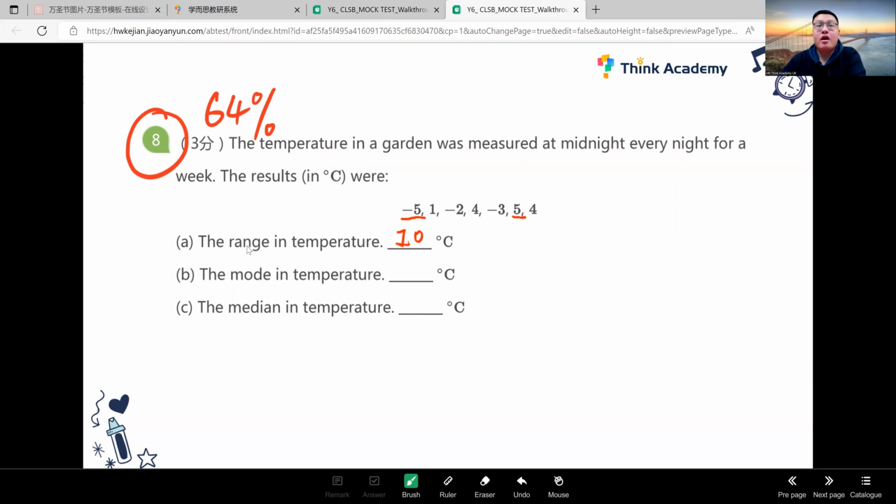Okay, so as for this -5, we have only one of that. And as for 1, you have only one of that. -2, only one. But for 4, you have 2 of 4, right? So it repeats 2 times. And for all the other numbers, only 1 time shows up. So the mode in temperature will be 4 degrees Celsius.